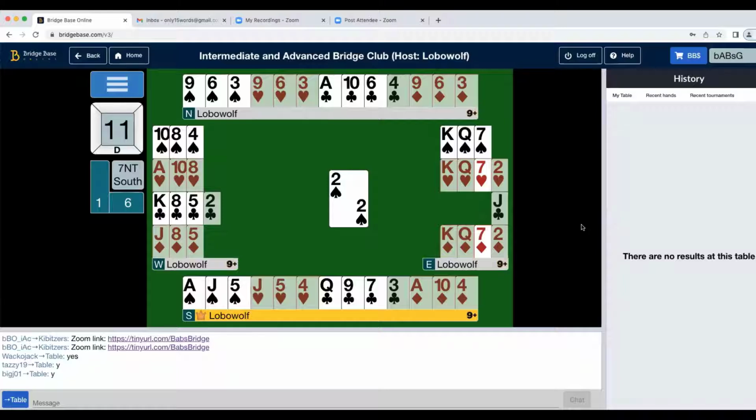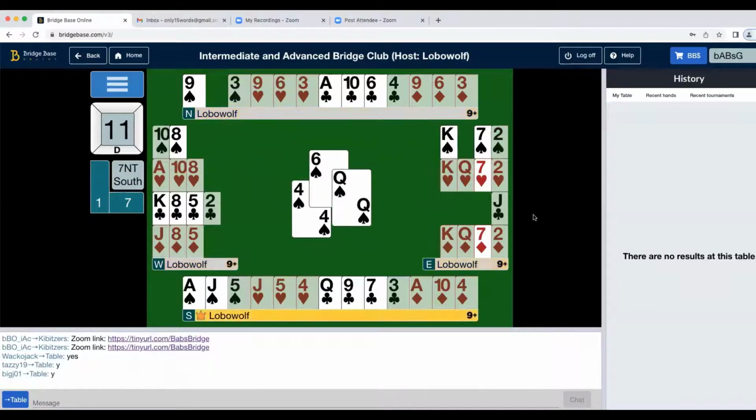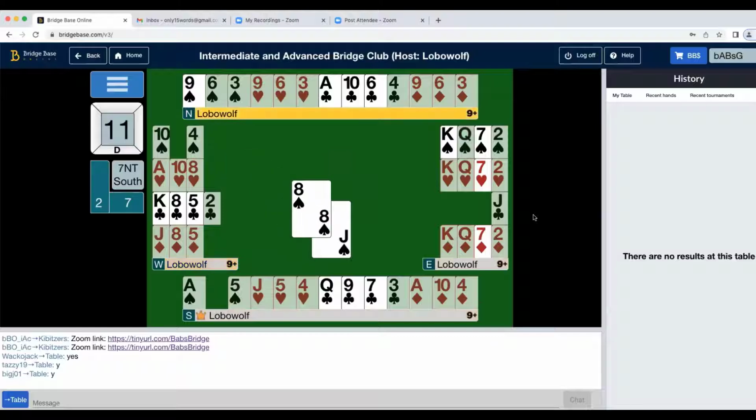In a normal game with, let's say, advanced players who don't have any special reason to do anything differently, if East leads the 2, the spade suit's going to go like this. Declarer is going to play small. Partner's going to win the 10. And there's your second spade trick.